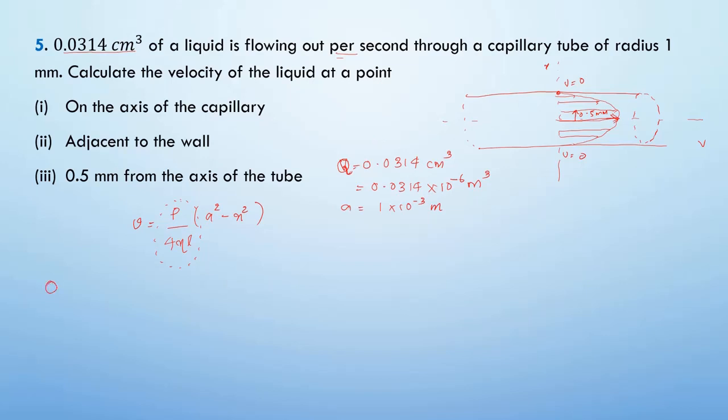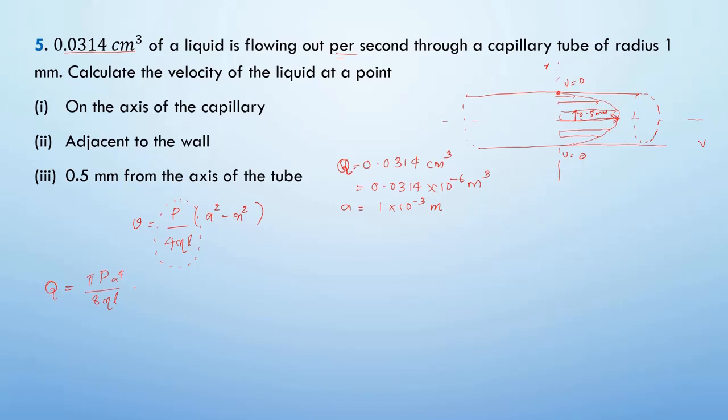And we have an equation for volume rate of flow as pi P a to the power 4 divided by 8 eta L. So why don't we substitute from this?